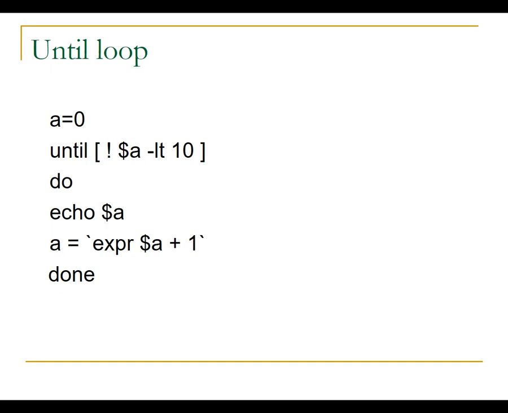So the definition of the same is: write a shell script to print 0 to 10 numbers using until loop. Just pause the video and write down the program.